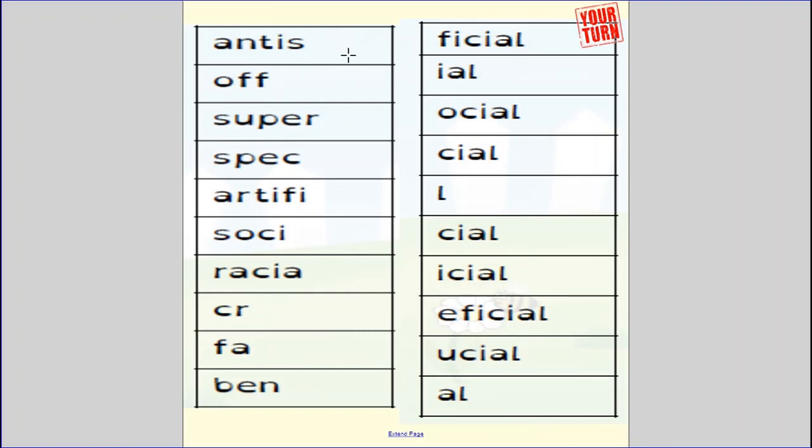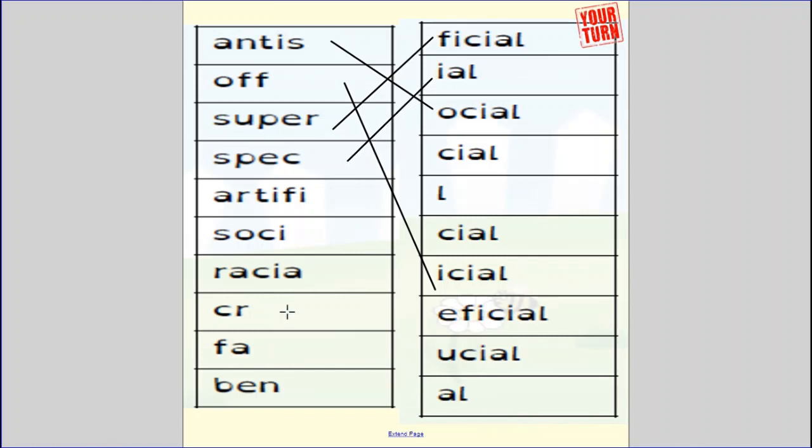So, the first one is antisocial. The next is official, which is this one. The next word should be superficial, which is this one. The next one is special.